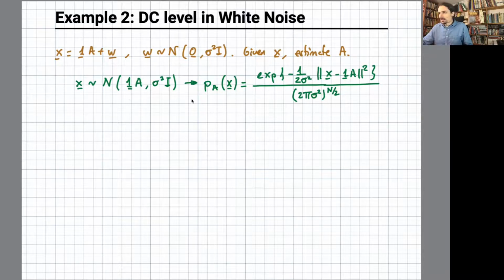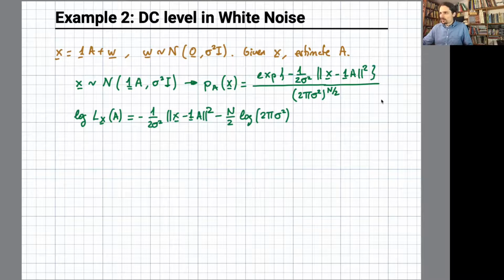I think that at this point we can all write the PDF of a multivariate Gaussian distribution with our eyes closed, right? Therefore, the log likelihood function is the logarithm of this expression, which comprises these two terms. The first one comes from the exponent and the second one from the denominator.